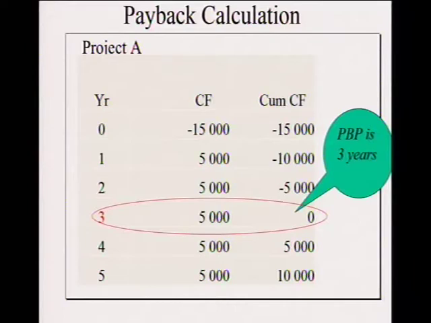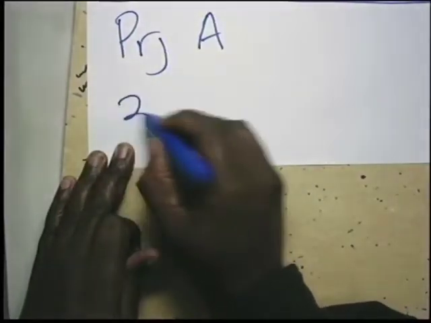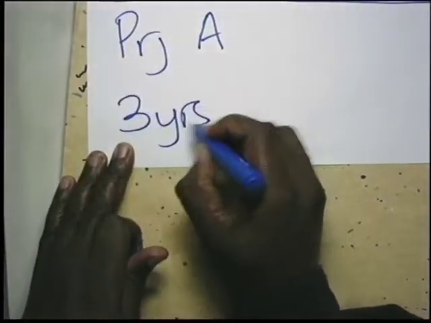Now, what does this mean? Let's go back to our example. The first project, remember, that's project A. I'll write it here. Project A, its payback period was 3 solid years.